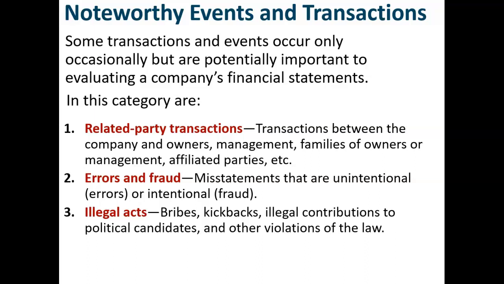Obviously, the existence of fraud involving management might cause a user to approach financial analysis from an entirely different and much more cautious viewpoint. As you might expect, any disclosure of related party transactions, fraud, and illegal acts can be quite sensitive. Although auditors must be considerate of the privacy of the parties involved, that consideration cannot be subordinate to the user's needs for full disclosure.